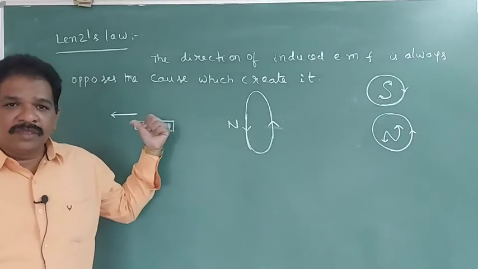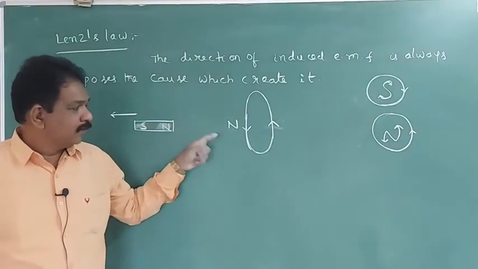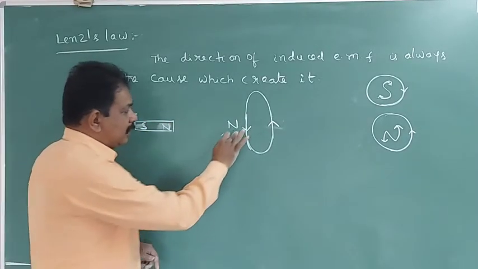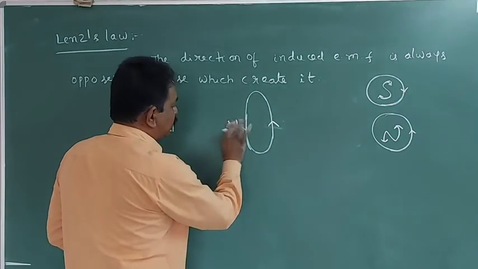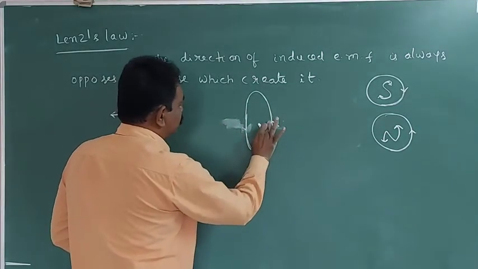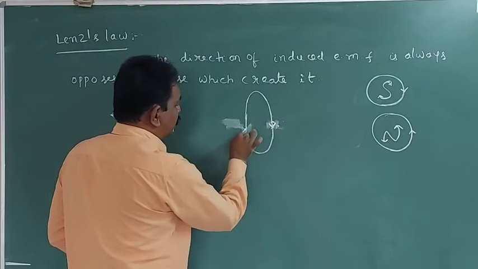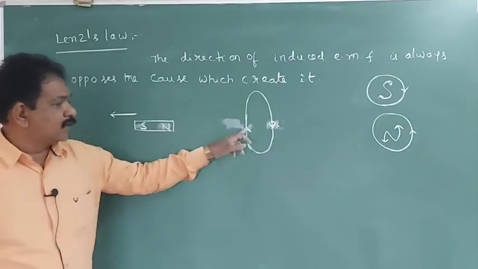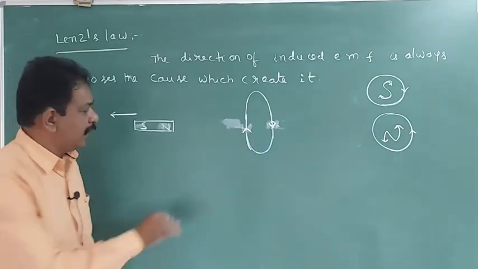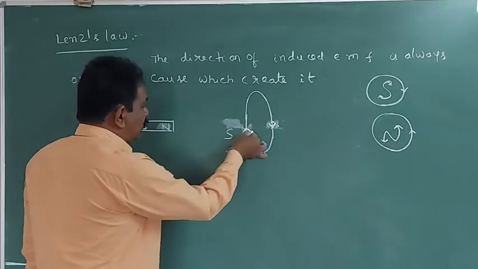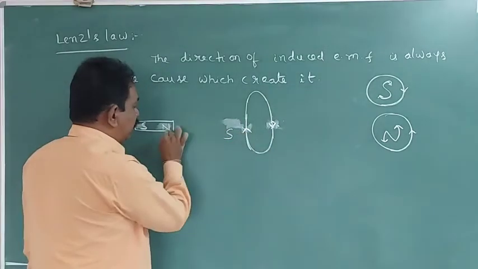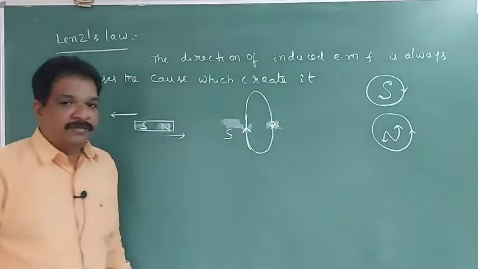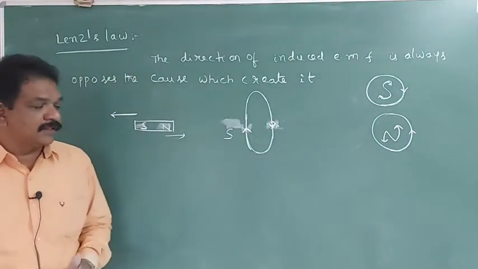For example, here the south pole is near the coil, and the north pole is further away. The magnet is moving away from the coil. Now the current in the coil will be in clockwise direction, so it will behave like a south pole. Again it will try to attract the magnet, which means the motion will be resisted.